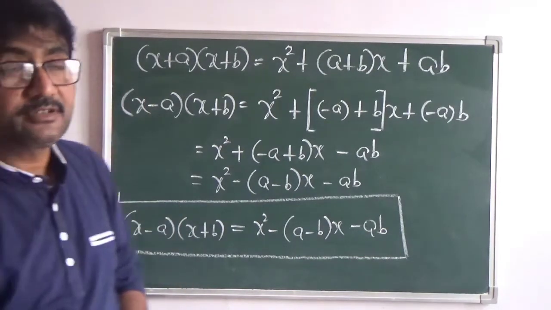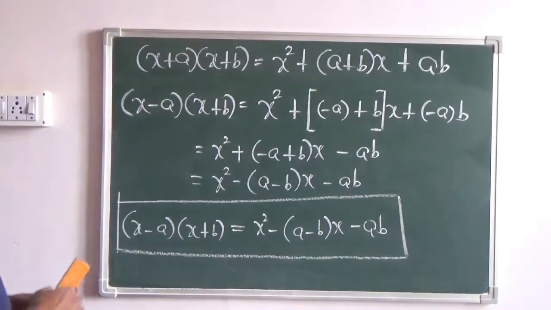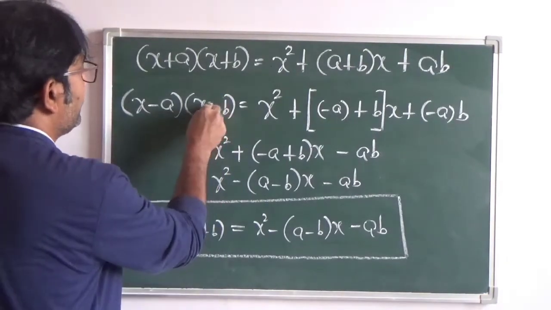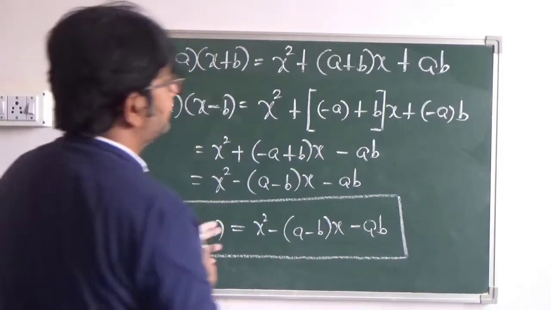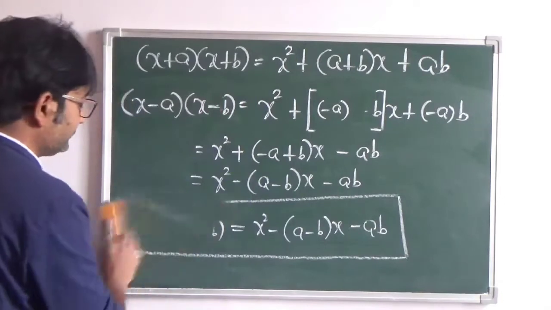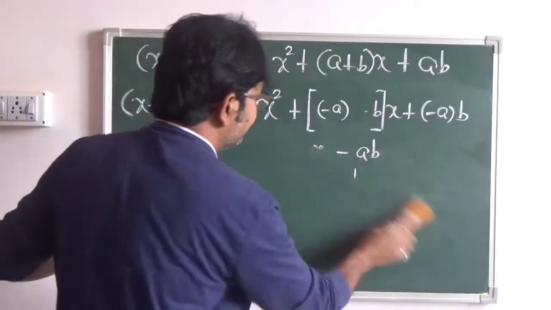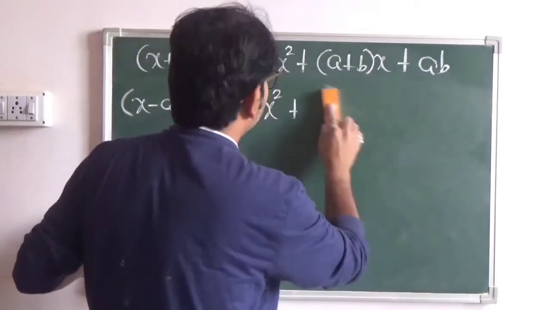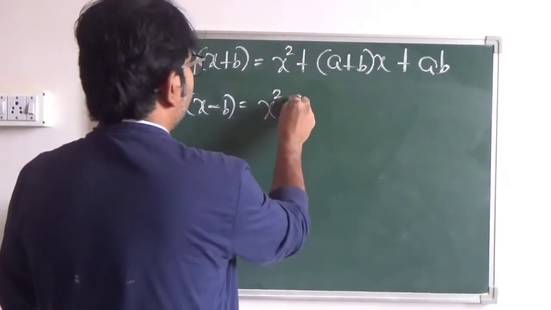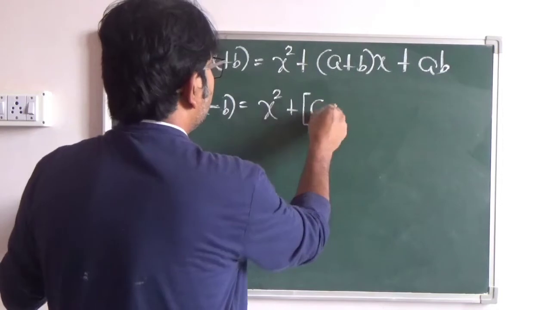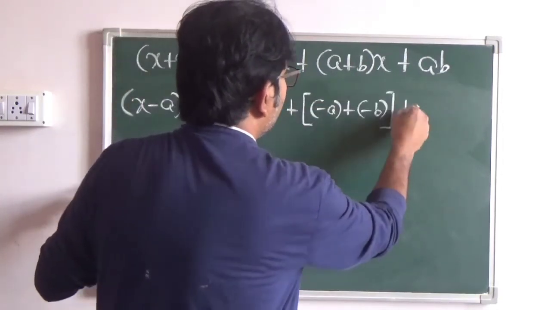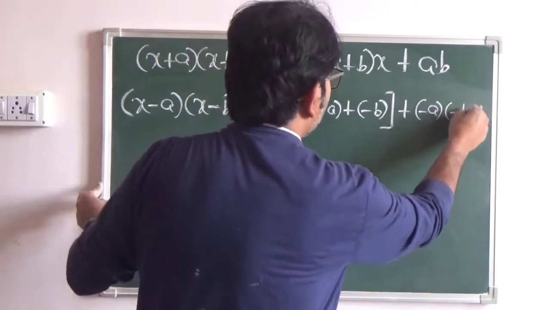Finally, when you change the sign of both a and b, so if it is minus b, you change the sign of both. Let us write again. So x square plus, this is minus a, this is minus b, plus of minus a into minus b.